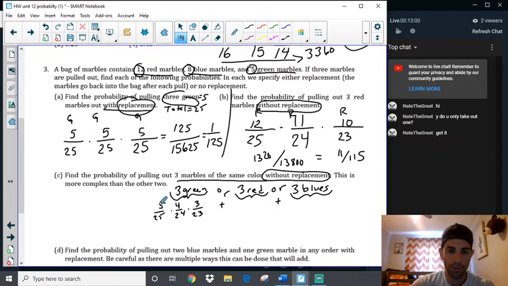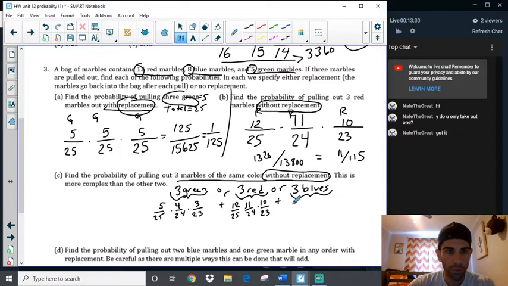Since it's without replacement, there are only 4 left and only 24 left. Now, for the red marbles, you can have 12 out of 25, 11 out of 24, then 10 out of 23. Don't try to look at it as I did this, now I'm going to do this, where this number keeps dropping. These are 3 totally different scenarios.